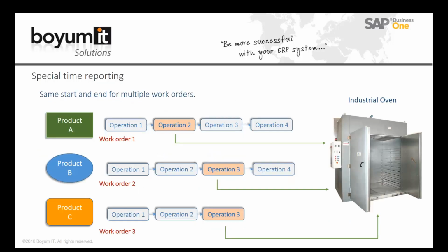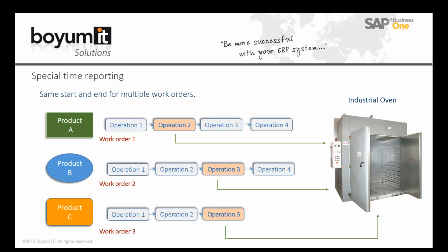We have another scenario today that is also a special time reporting. That is, sometimes we have several items, all of them have different routings, but probably there is one operation that is common.